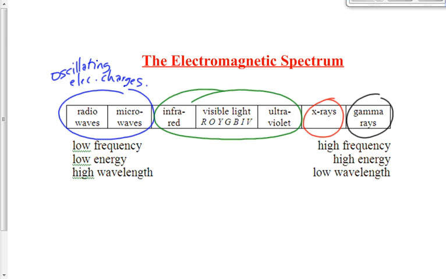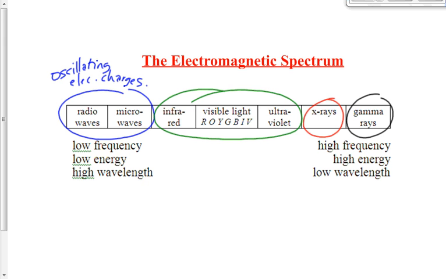Infrared, visible light, ultraviolet, well, they're all produced by transitions of electrons. Who's in chemistry or who has taken chemistry? Okay, most of you. You guys know that there's levels on electrons, right? It's not just electrons orbiting around wherever they want. They're on the first level or the second level. I think it's 2 on the first level, 8.